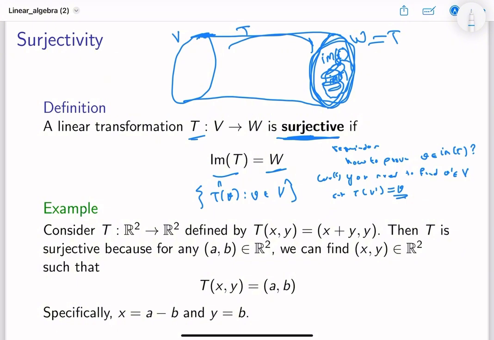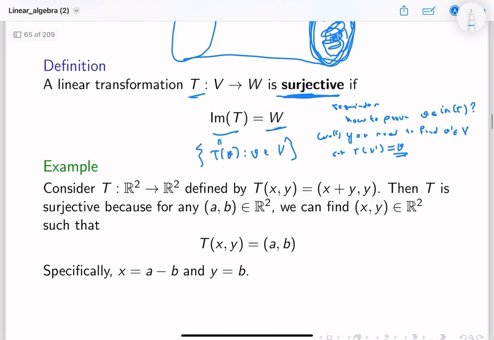So let's take a quick example to understand the definition. Let's take the linear transformation between the vector space R2 and itself, and we're going to take the tuple (x, y) to the tuple (x plus y, y).